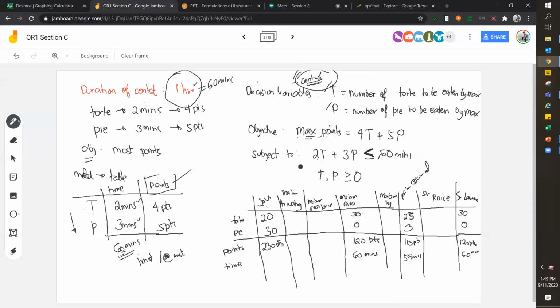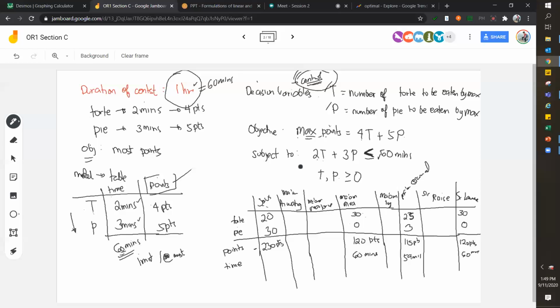Okay, so I think ito na lang muna tayo. Okay lang? So yan, meron tayong 4 options dito. Una, yung akin na 20 and 30 yung kakainin ni Max, 230 points. Kay Ma'am Ira, 30 and 0. Kay Sir Lawrence, 30 and 0. Kay Ma'am Escorial, 25 na torte, tapos 3 pie. So in terms of points, panalo ako.